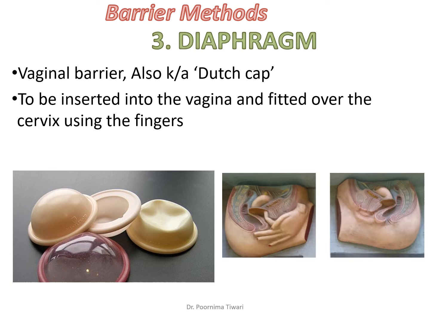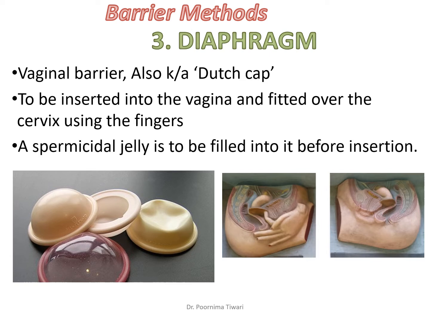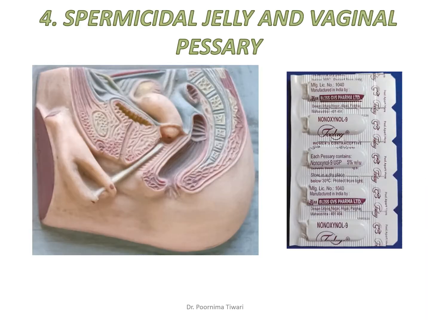On the left side it is being inserted, on the right side the diaphragm is in place over the cervical opening. If a spermicidal jelly is filled into the diaphragm before insertion, it increases the contraceptive efficiency of the diaphragm. Spermicidal jelly and vaginal pessary containing spermicide agent.